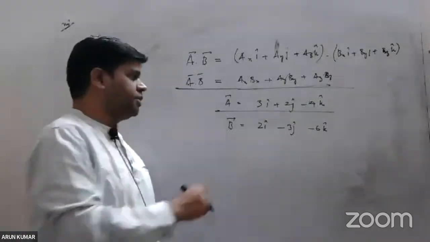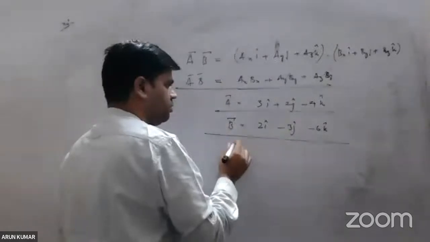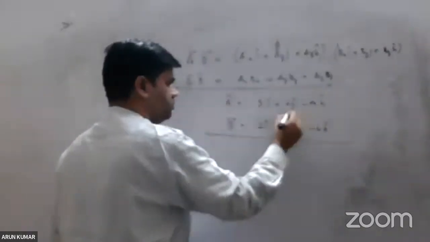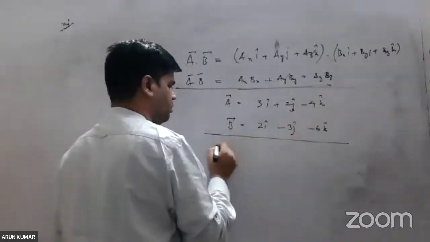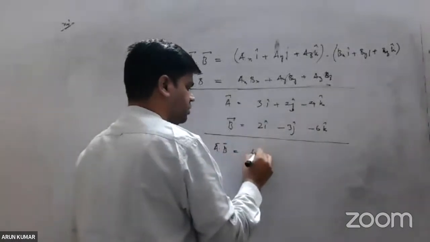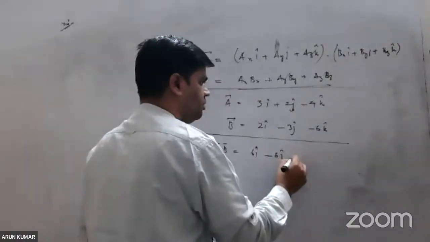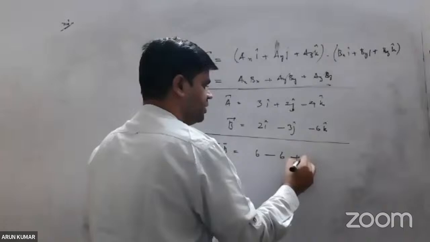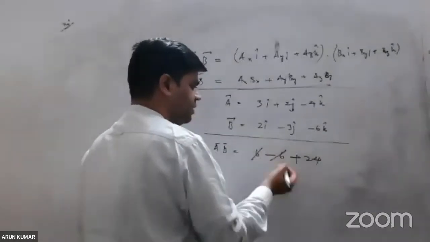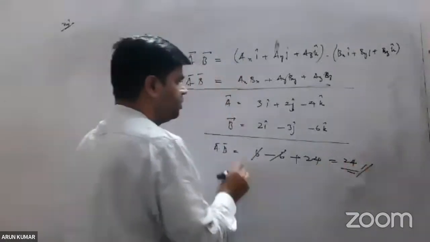I multiply the corresponding components of i cap, j cap, and k cap. So A dot B is 6 minus 6 plus 24. 6 and minus 6 get cancelled out. What remains is plus 24.